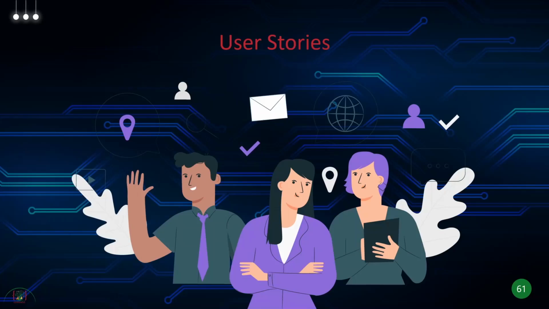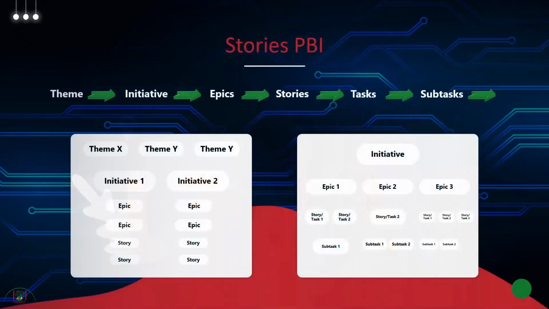Now let's talk a little bit about user stories, right? Now you might think, hey, user stories is just a couple of sentences that describes what I want. Yes, true, but it's much more than that. You have to make sure the user story is clear enough, transparent enough that the person who's reading it is able to understand it and implement it.